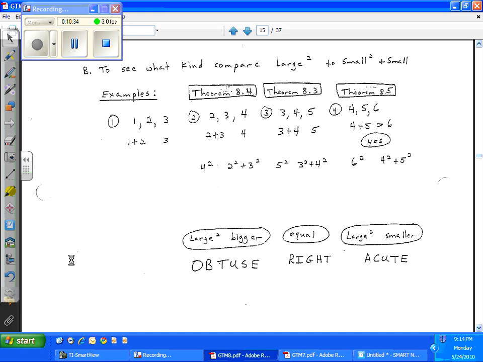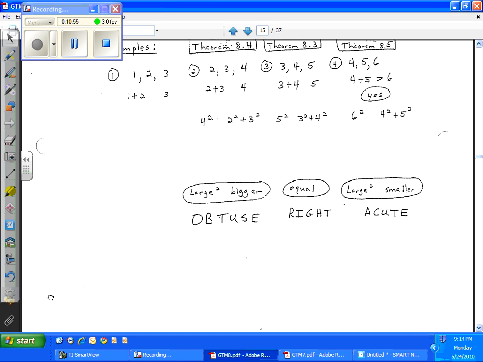If the larger side square is bigger than the sum of the squares of the smaller two sides, then it is an obtuse triangle. If the square of the longer side is equal to the sum of the squares of the smaller two sides, then it is a right triangle. If the larger side square is smaller than the sum of the squares of the other two sides, then it is an acute triangle. The converse of the Pythagorean theorem.